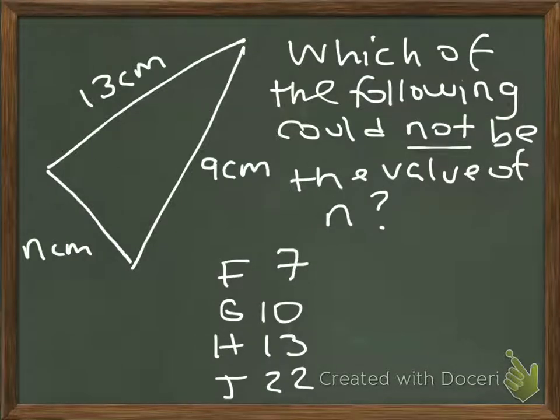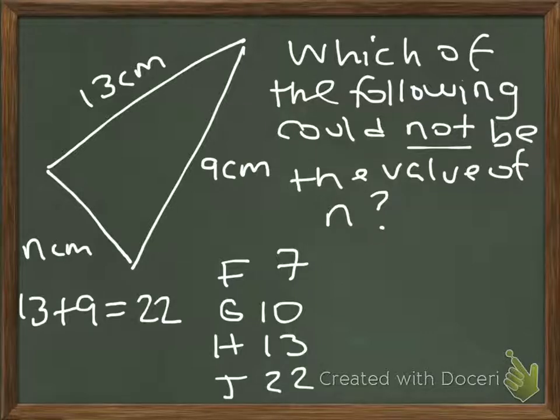The next part, we're going to do kind of the same thing. They give us options for the third side, so we need to pick which one could not be the value of n. So 13 plus 9 gives us 22.